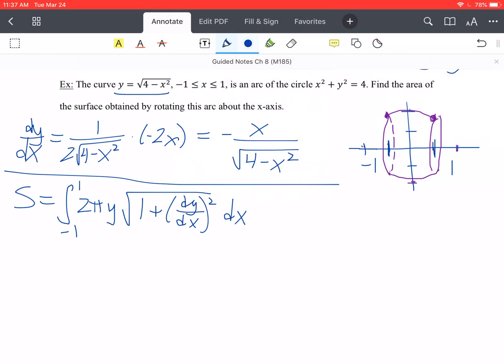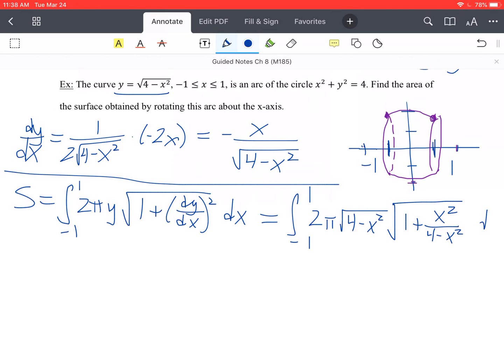Okay, so now let's just sub in the pieces that we know. Integral from -1 to 1 of 2 pi times square root of 4 minus x squared times square root of 1 plus, let's see, that derivative squared. The negative squared becomes the positive. We have x squared over the square root squared, so that's just 4 minus x squared in the bottom there. And then dx.